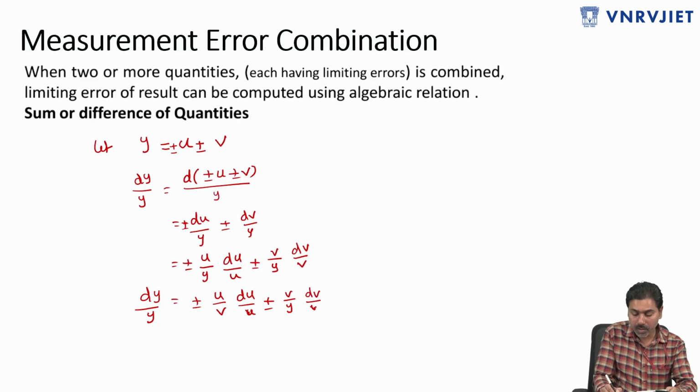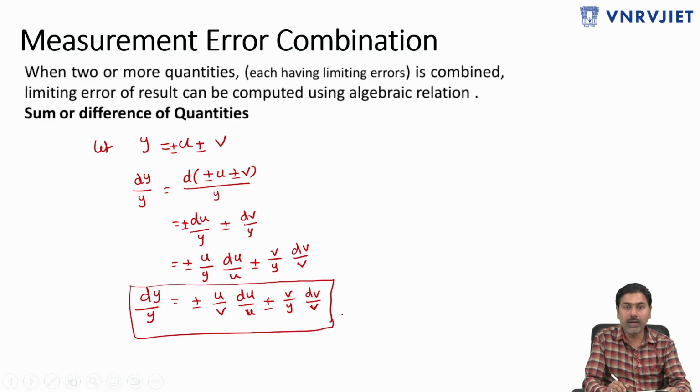So this formula will be useful to calculate the relative limiting error of the final value y with the help of the relative limiting errors of the individual parameters when they are combined in summation or difference form.